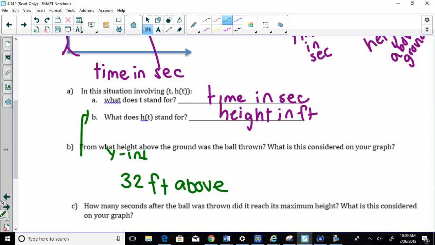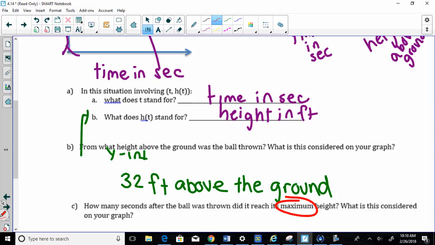Basically, Taylor's got to be standing on something because there's no way she's 32 feet. Does everyone make sense of that? Y-intercept is that c.